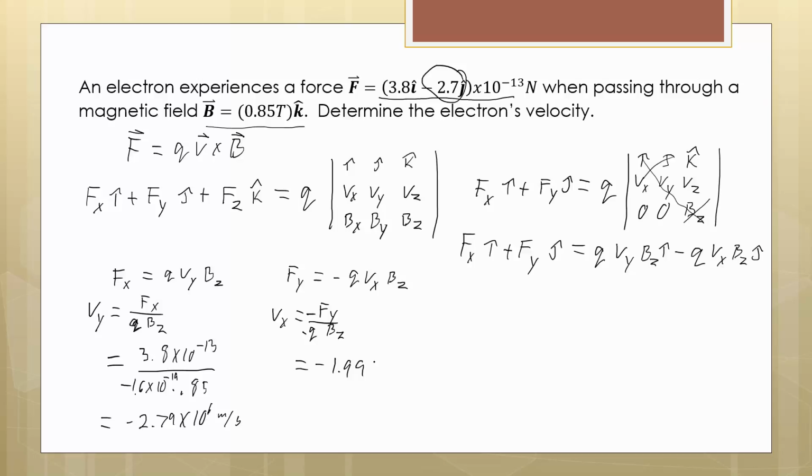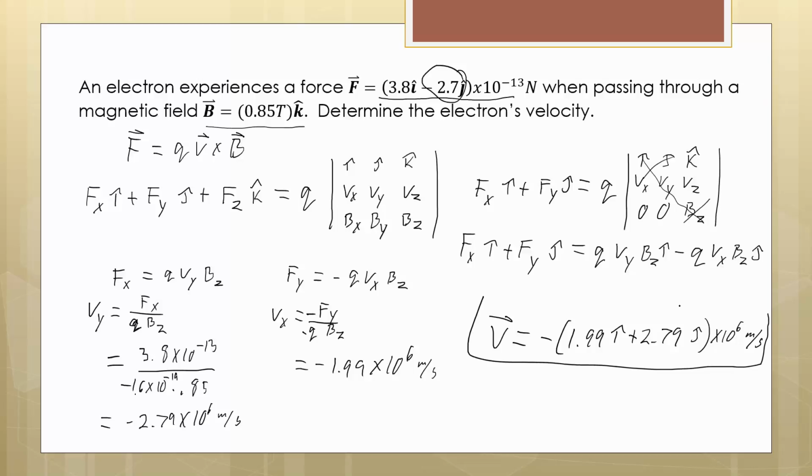Alright, negative 1.99 times 10 to the 6th meters per second. And we can write this as one big happy velocity vector. I'll pull a negative out front, 1.99 in the i hat direction plus 2.79 in the j hat direction, all of that times 10 to the 6th meters per second.